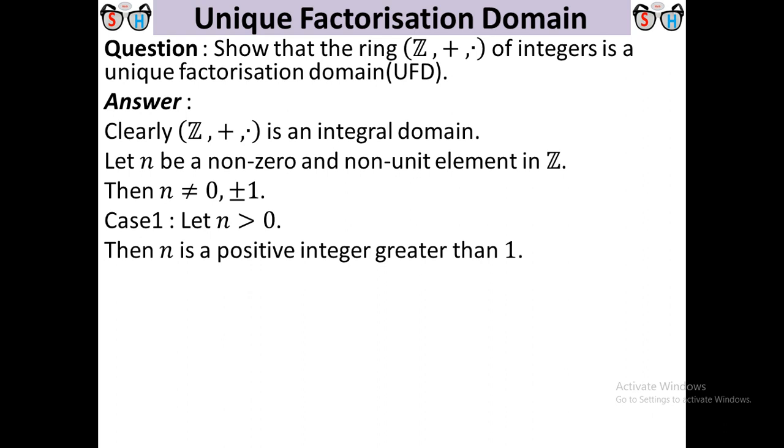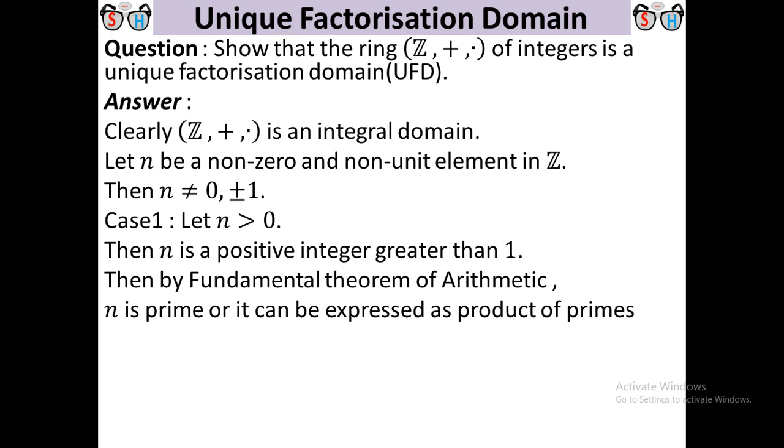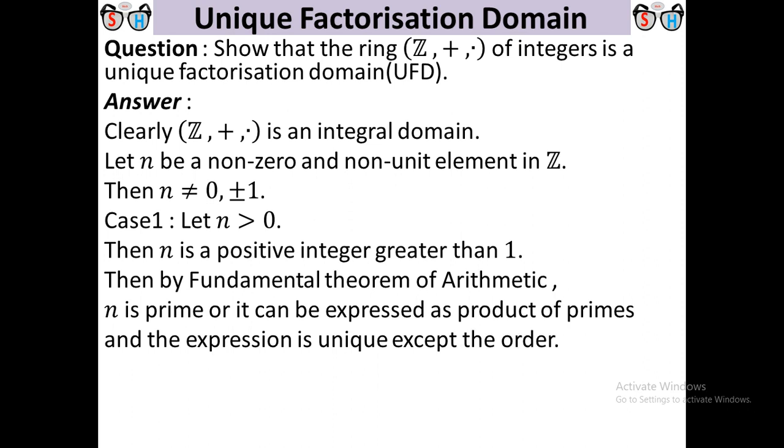Then by the fundamental theorem of arithmetic, n is prime or it can be expressed as the product of primes, and the expression is unique except for the order. You know the fundamental theorem of arithmetic: every positive integer is either 1, or prime, or can be expressed as a product of primes. So n can be expressed as the product of primes.